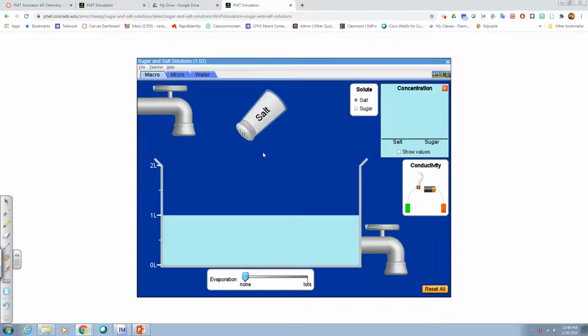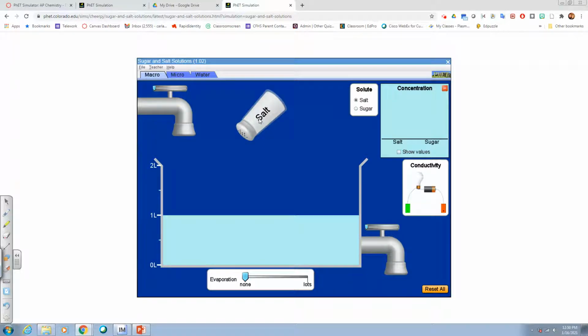Before we look at our solubility rules and write those down, I want to go back to our PhET simulator and think about what we see in the macroscopic world if you were to dissolve an ionic or any type of substance in water, what you would see in the microscopic world, and then let's zoom in really close and look at it from the water molecule standpoint, and what's going on between ionics and our molecular compounds.